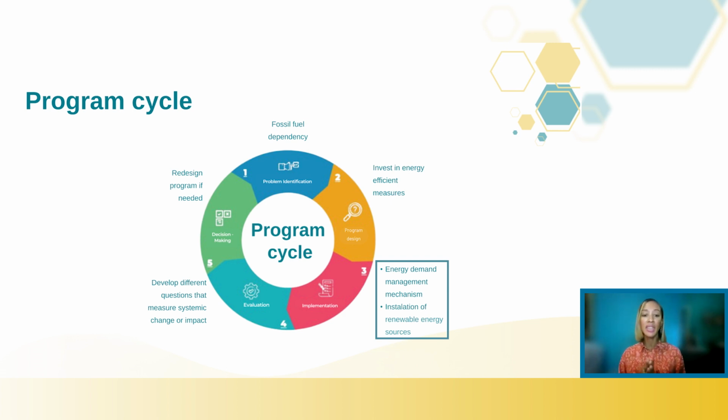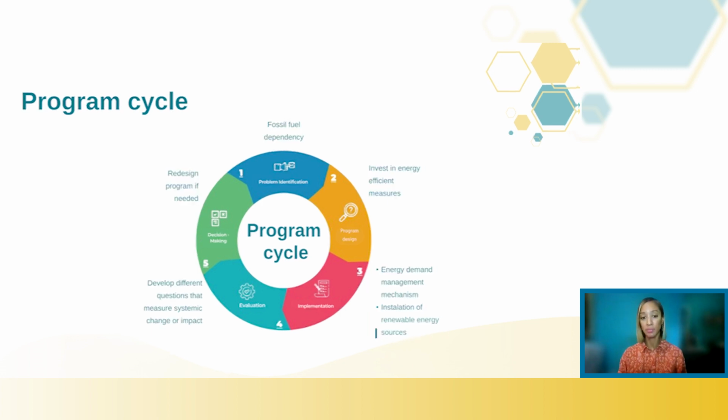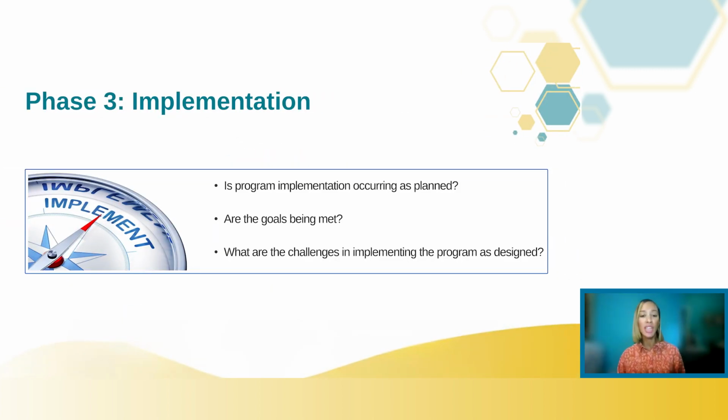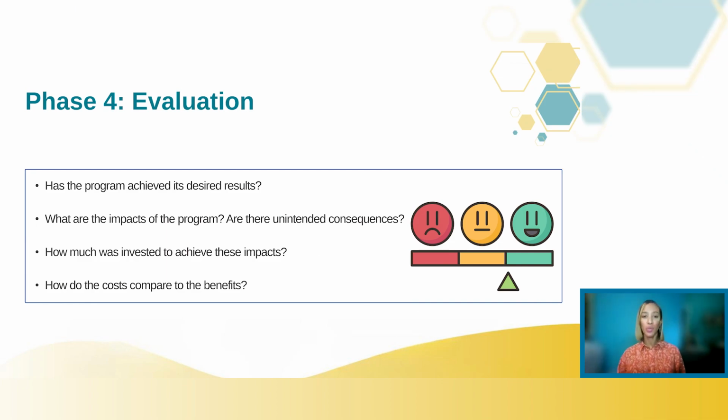Another indicator that can be used is one that measures energy savings. It is also during implementation that we can perform process evaluations that provide answers to questions such as whether the goals are being achieved, what are the obstacles to implementation, etc., and to ensure that everything is implemented according to plan.